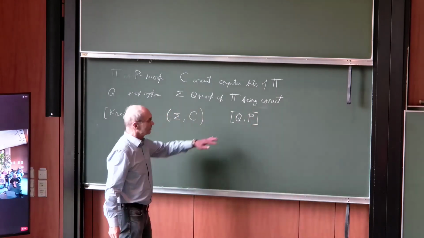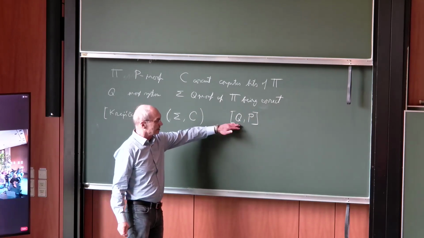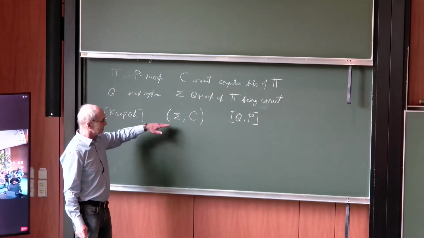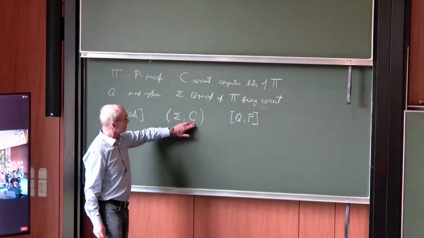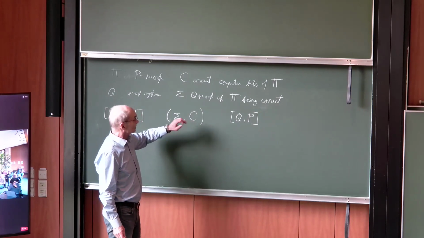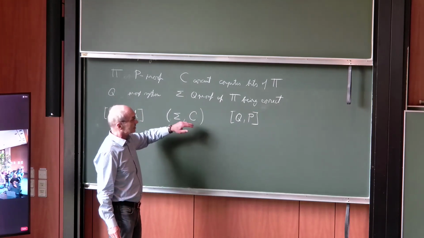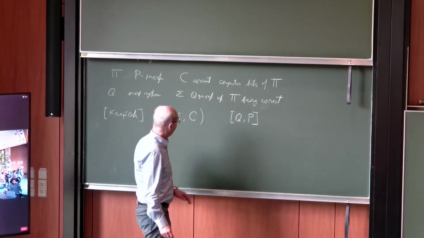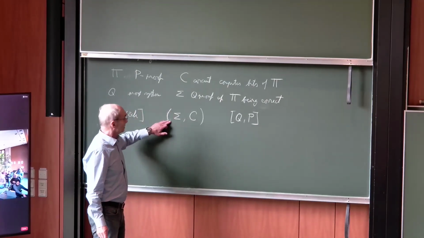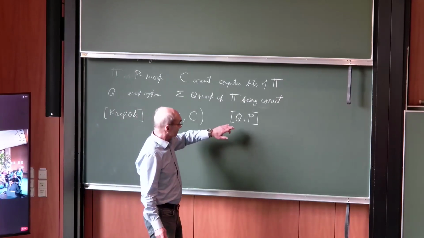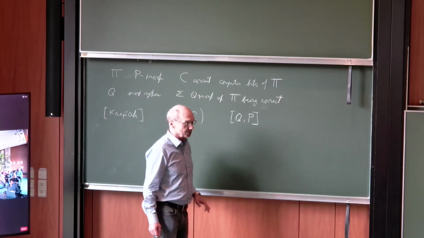So this is a proof system in which proofs are pairs, where C is a circuit that should represent proofs in the proof system P, and sigma is a proof that it does what it is supposed to do.